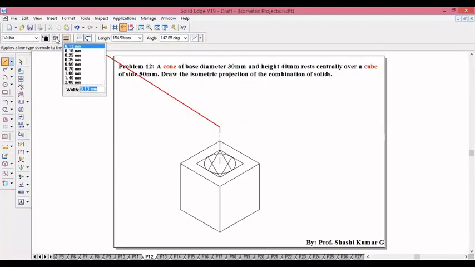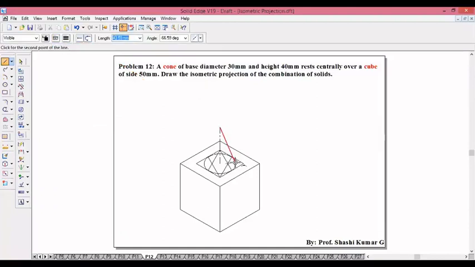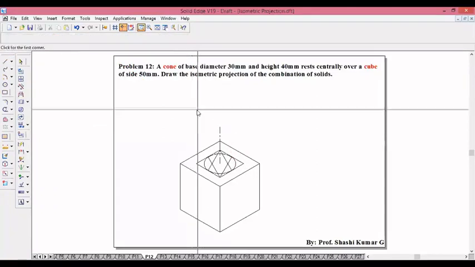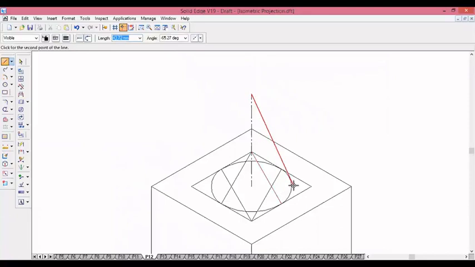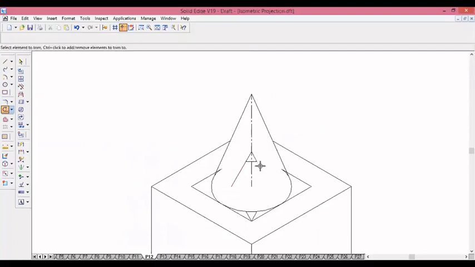From there you choose a continuous line and join it tangent to the ellipse. Trim the unwanted edges; this is going to be invisible, and these are all construction lines. And this is also going to be invisible.